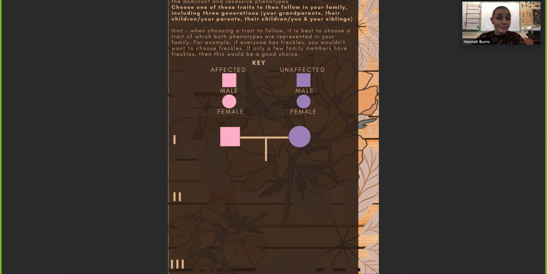But if we all had brown eyes, well, I'll have a really hard time figuring out how to follow those alleles through our family, because once again, having a recessive trait present on your pedigree tree is going to help a lot when it comes to completing all of the different members of the family and predicting their genotypes.